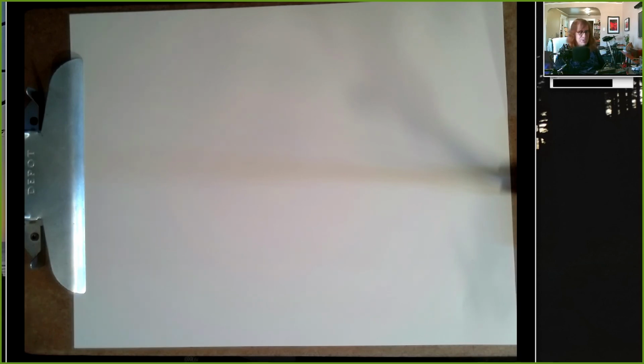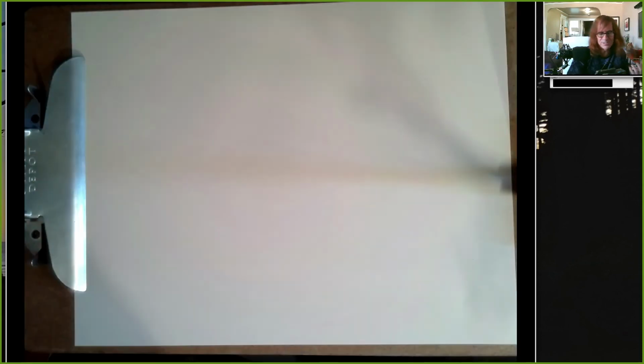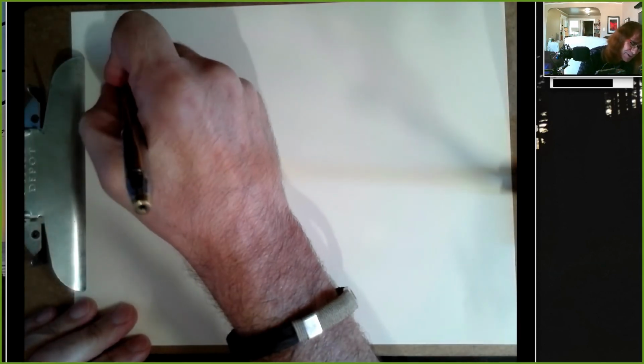But let's do a quick rehash of matrices, just because it's kind of topical. So a matrix is a bunch of numbers written in a two-dimensional way, right? That's my approximate definition.